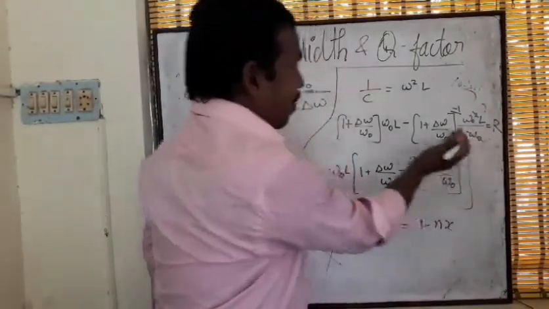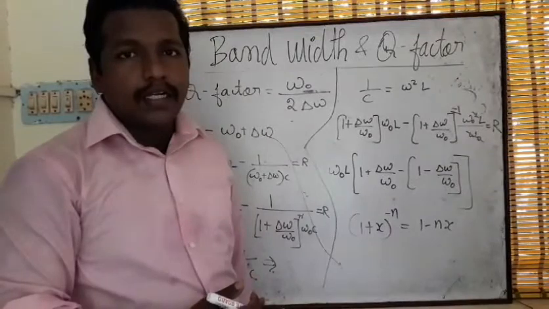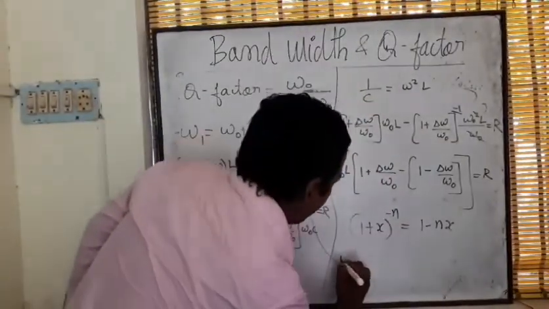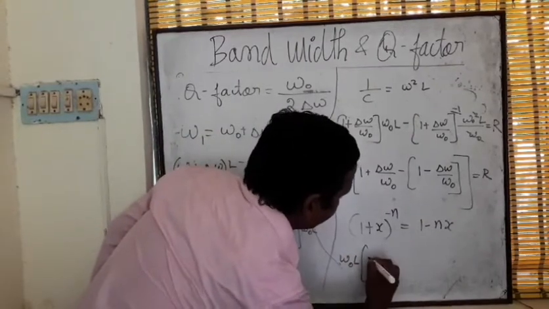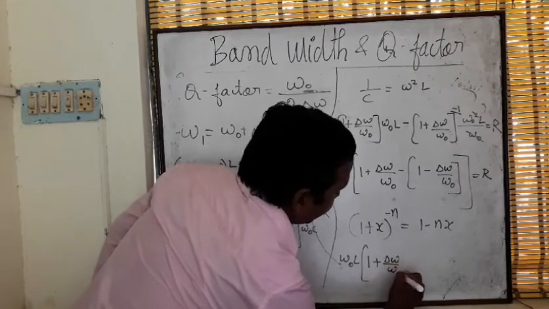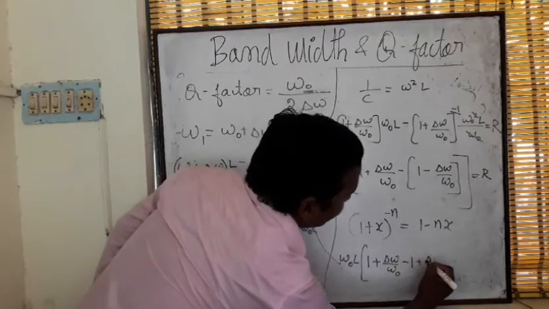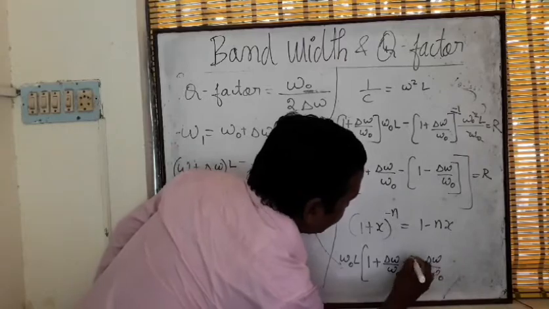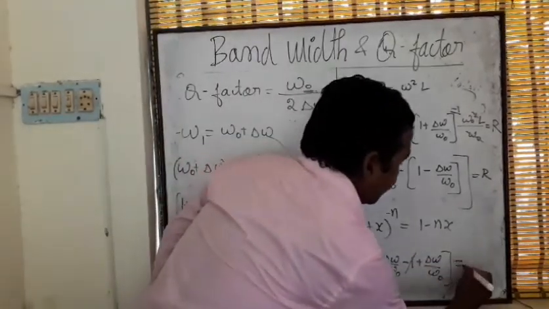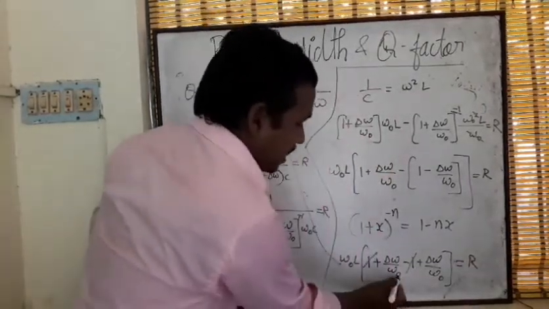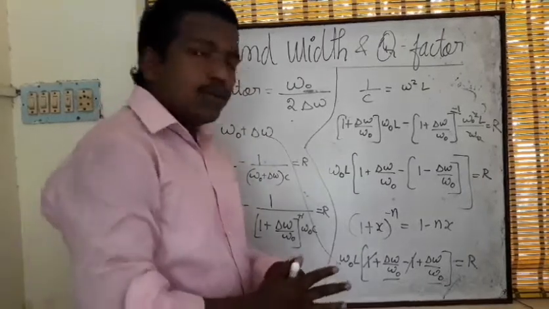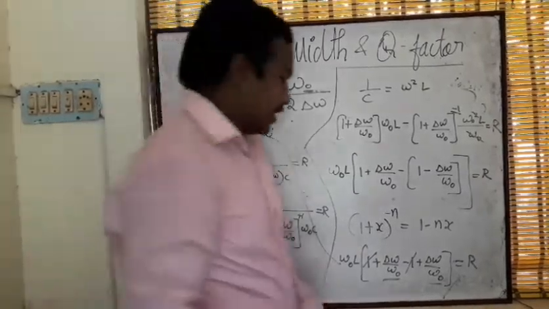So the whole equation, taking L omega naught outside, is equal to R. So omega naught L times bracket 1 plus del omega by omega naught minus 1 plus del omega by omega naught. So plus 1 minus 1 get cancelled and equals R. That means x plus x we can take as 2x, that means 2 times del omega by omega naught.